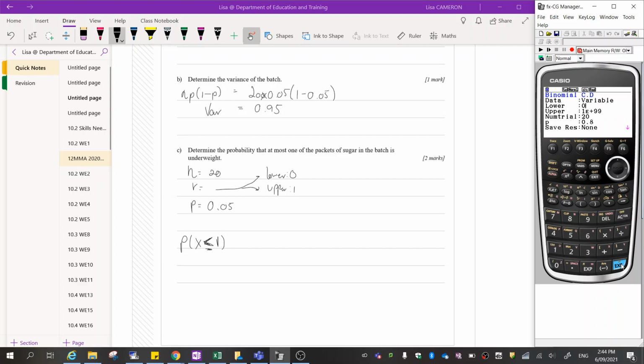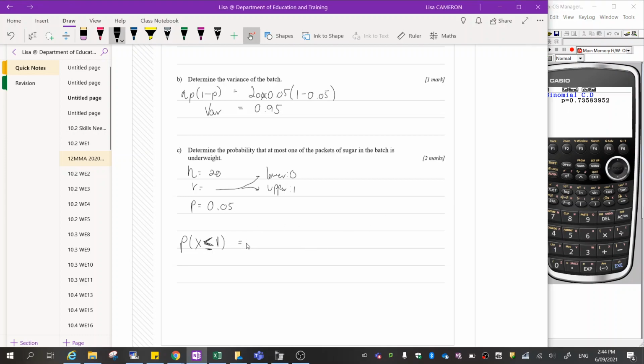Then lower is 0, upper is 1, number of trials is 20, and our probability is 0.05. Okay, and we see there that the probability of this occurring is 0.7358, or we could say that that is a 73.58% chance of occurring.